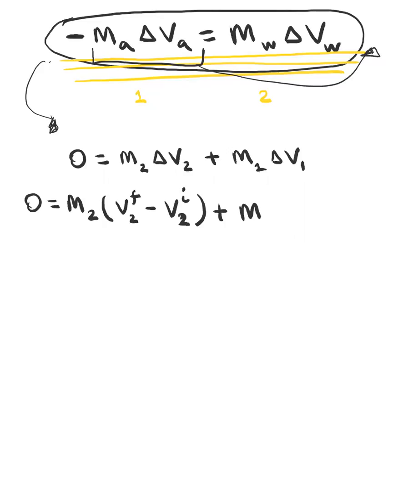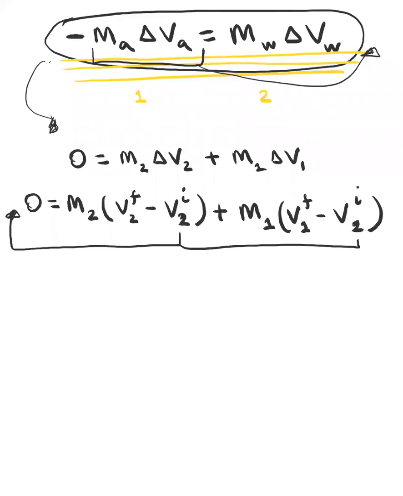And for object number 1, I also have its velocity final minus its velocity initial. What I will now do is put everything that's initial on one side of the equation and everything that's final on the other side. So these two guys will move over here.